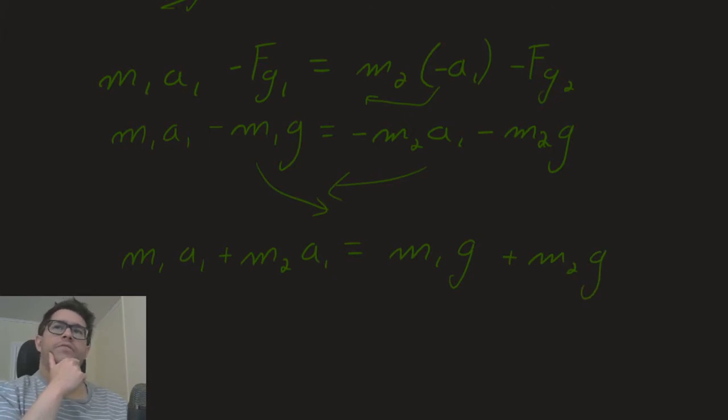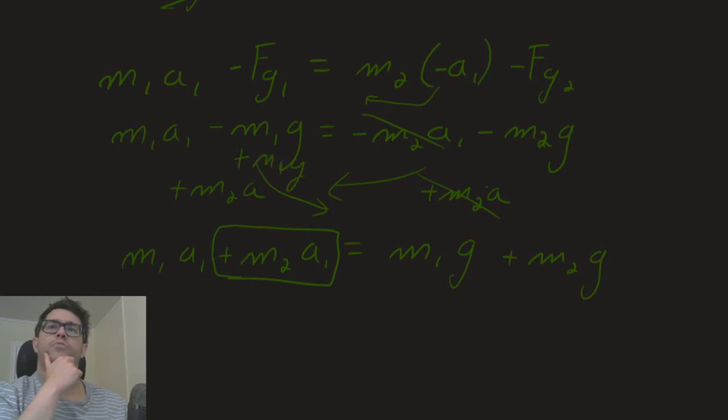Okay, so here all I did was do a plus M2A on both sides, plus M2A on both sides. So this canceled out this part and moved it on the other side. Right? And for this, I did plus M1G on both sides, canceled that, and added this.